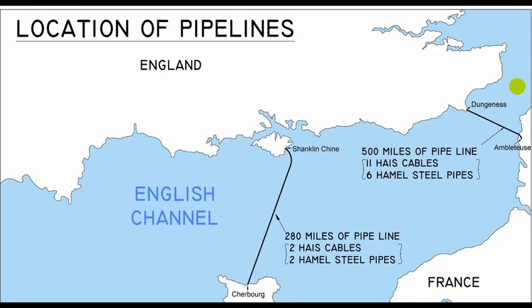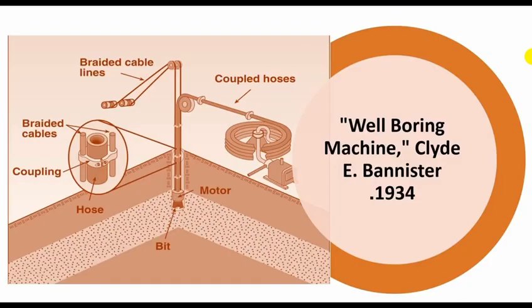So this was the first time a steel pipe was wound around a drum. This was in 1944 in World War II. Back to 1934, we can find a well boring machine paper. In this paper, they used a hose, not steel pipe, to drill wells.